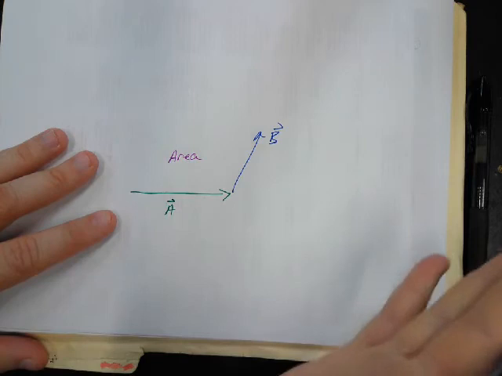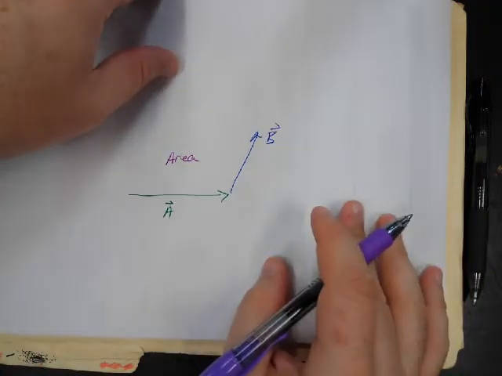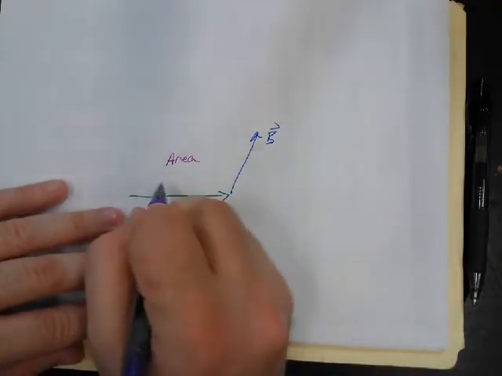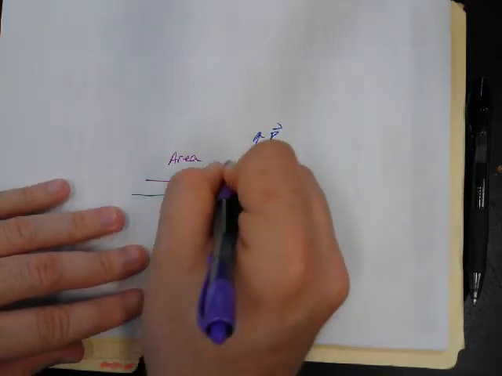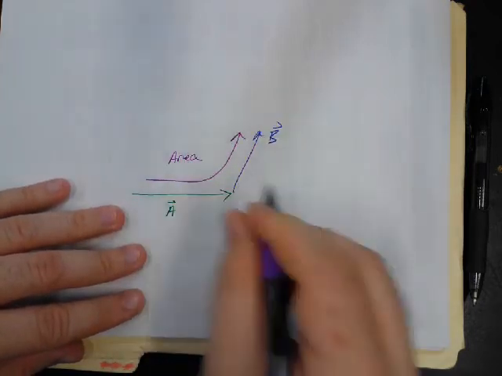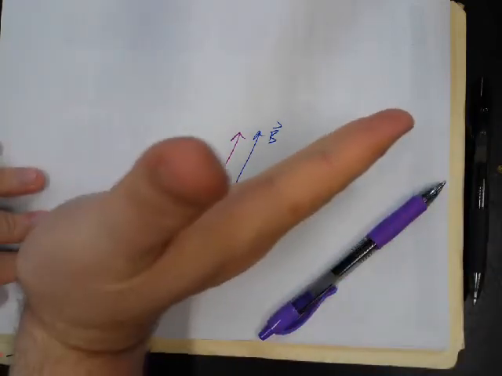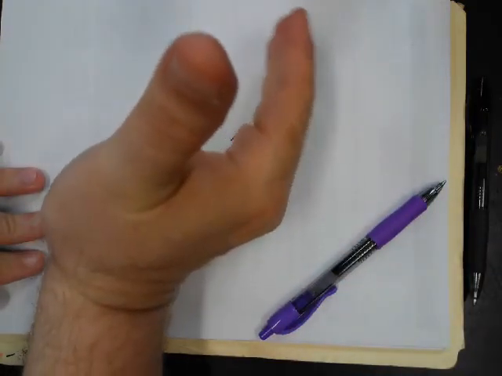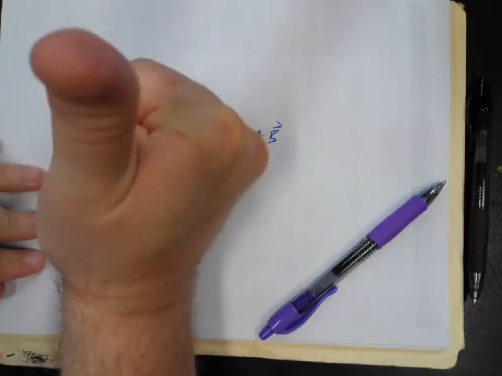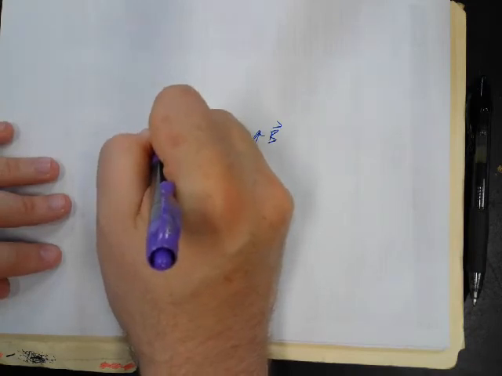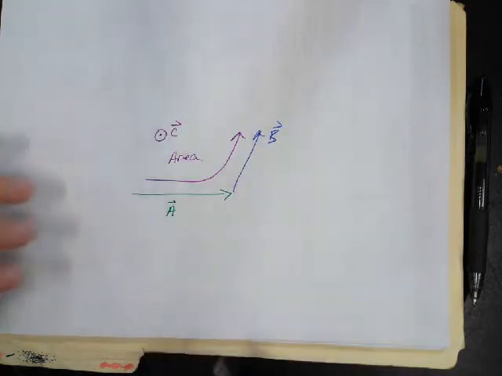You use your hand, start grabbing it along A, and curl in the direction of B. So when I grab it, I'm going to grab like this and curl. And my thumb represents the direction of that area. So in this case, it would be out of the page.